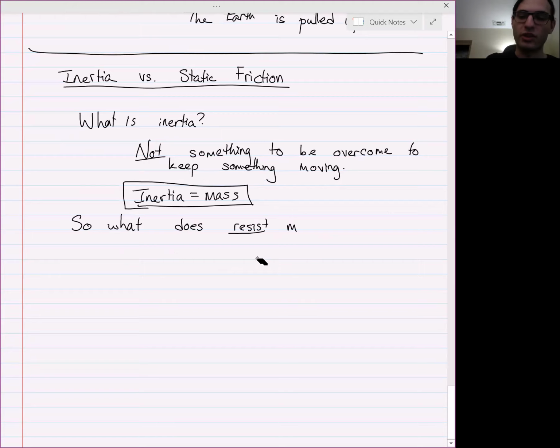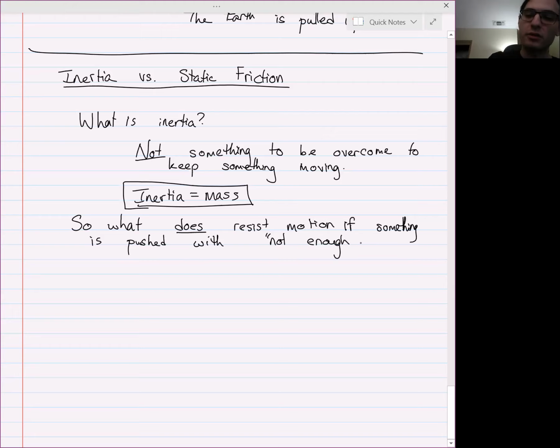What does, sorry, I should underline it, does, resist motion if something is pushed with not enough force? I'm going to put that in quotes. So think pushing a really heavy box. What is the thing that prevents it from moving?